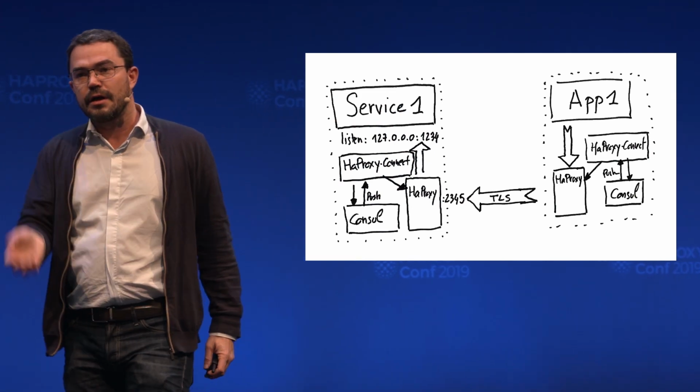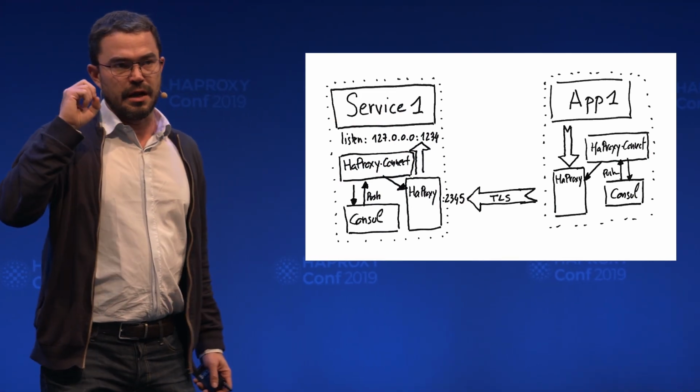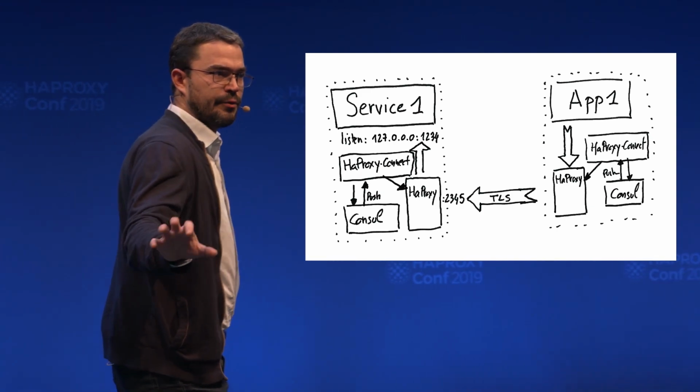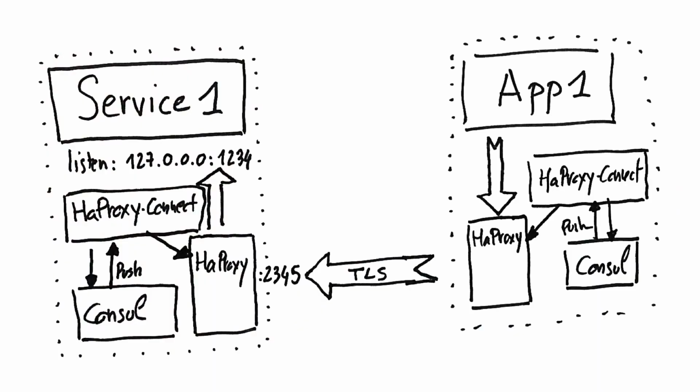So here is how it will really work. Basically, we are getting the same schema as the first one, which is application 1 wants to talk to service 1. So basically, we are creating a HAProxy Connect sidecar system.